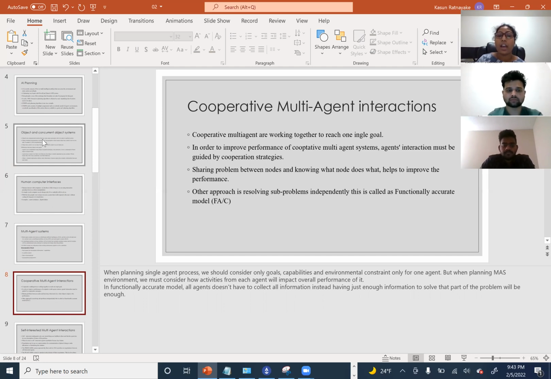So there are a few other approaches introduced for that. Sharing problems between nodes and knowing which node does what is helpful in order to come up with a final solution. There are other approaches as well. So for example, the functionally accurate model is one other example.